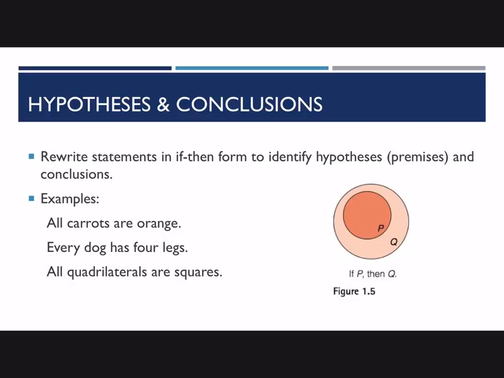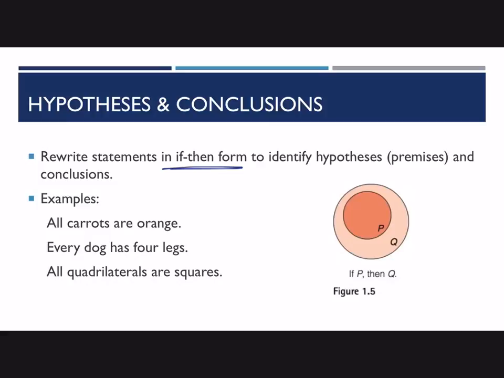One other thing that I didn't think was very clear from the textbook: when you're trying to identify the hypothesis and the conclusion of a statement, it is helpful to write it in if-then form. So here are some examples. The statement, all carrots are orange, and any statement that's like an all or an every, followed by a property or what it is, can be translated over to if-then statements.